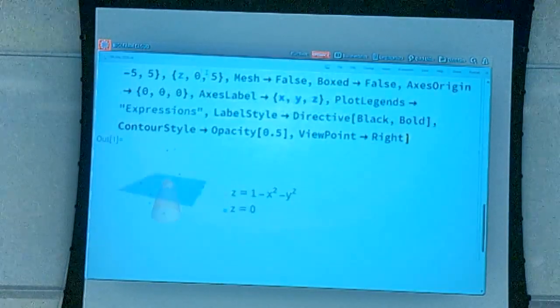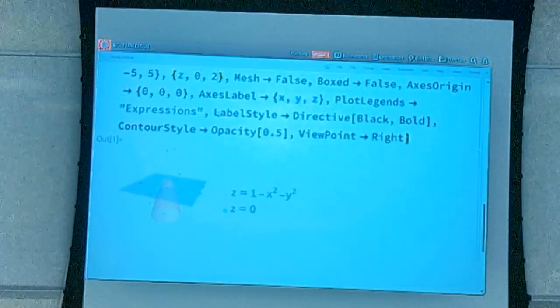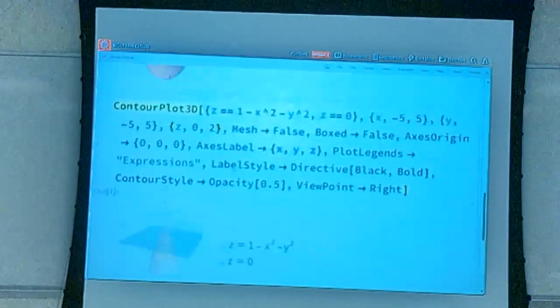Let's go 0 to 2. And what about x and y? Let's maybe look at minus 2 to 2.